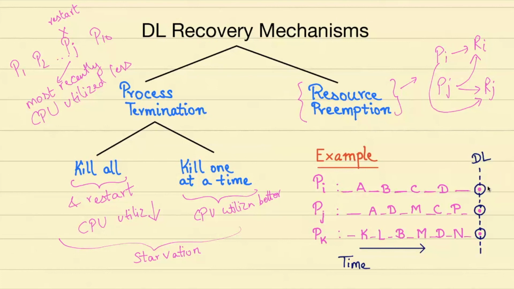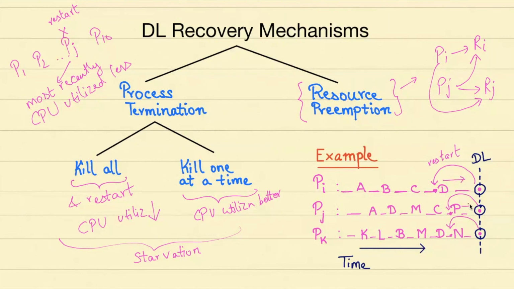What resource preemption does is it will preempt all the resources of Pi, Pj and Pk back to the previous request here. So it moves to this point. Similarly, it will move to this point here. So the latest requested resources will be preempted. It will resume from here, so it will restart from here, right? Again it moves on here.